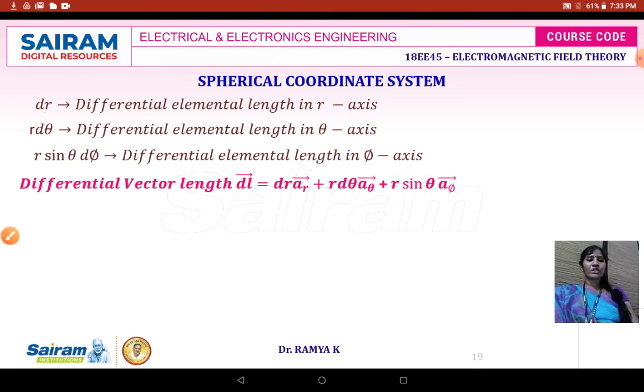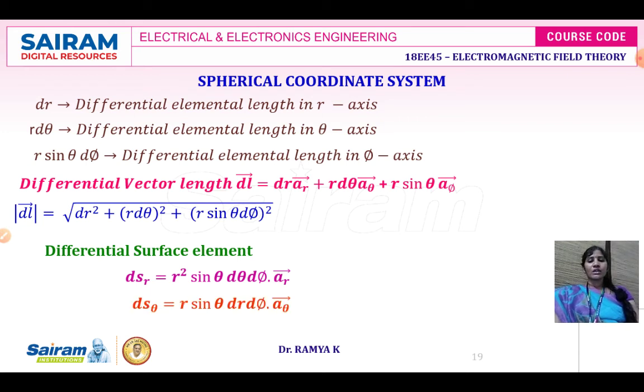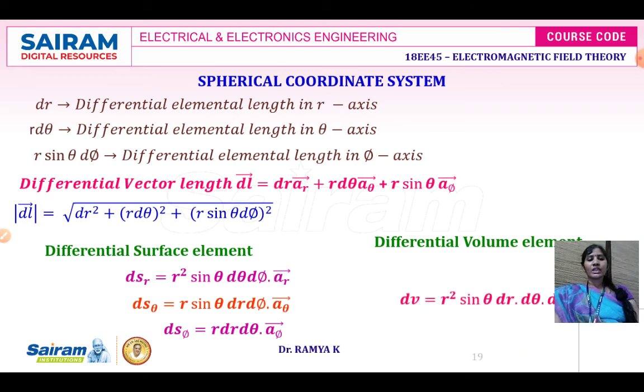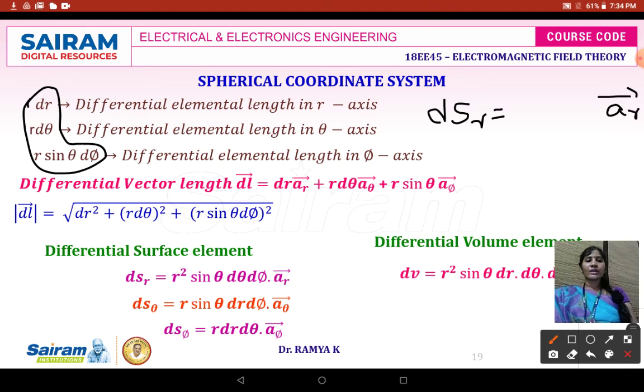Next, the differential surface area along your r axis, theta axis, and phi axis. Here we have to remember the differential elemental lengths; these three parameters are needed to write the differential area. Suppose I want to write the differential surface area along your r axis, it is going to be in the direction of the ar vector.